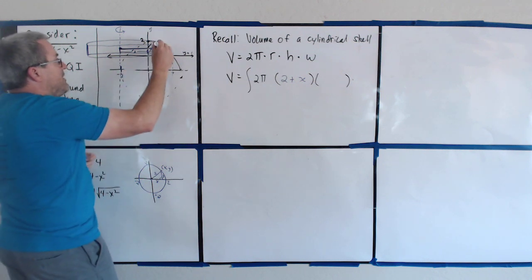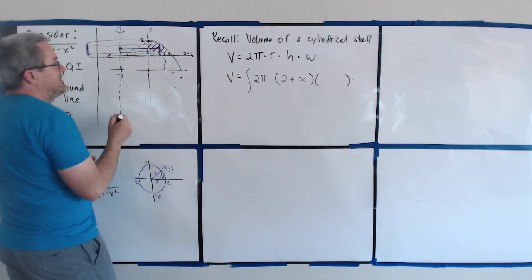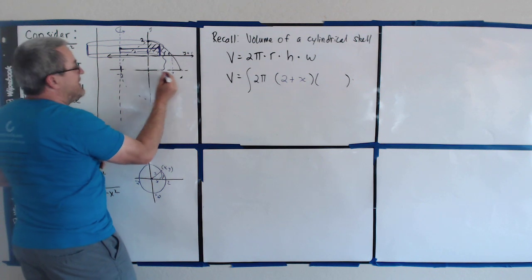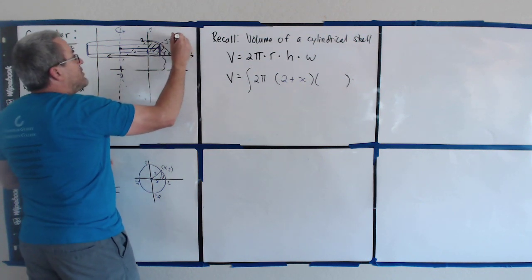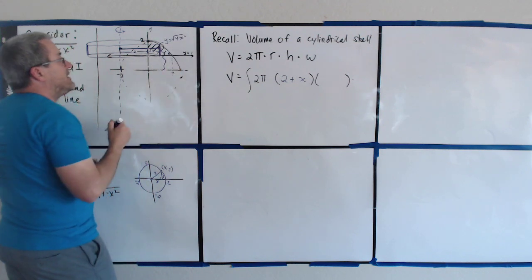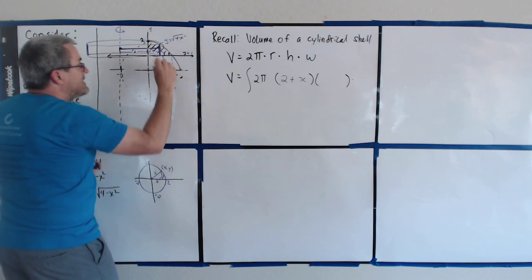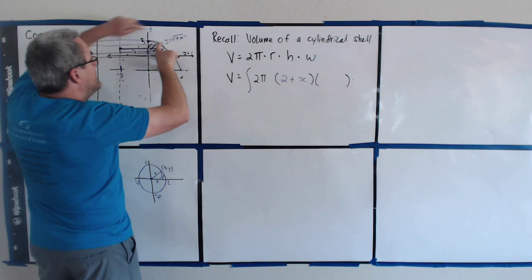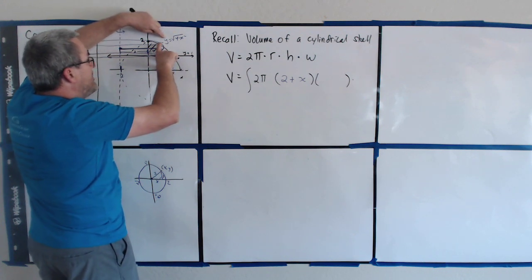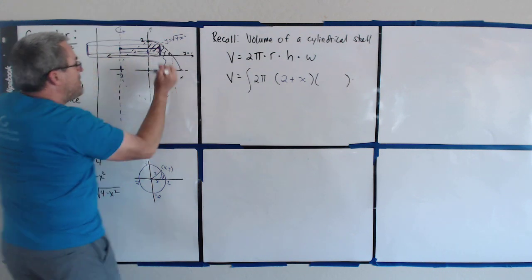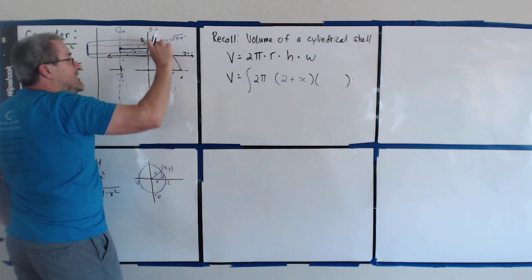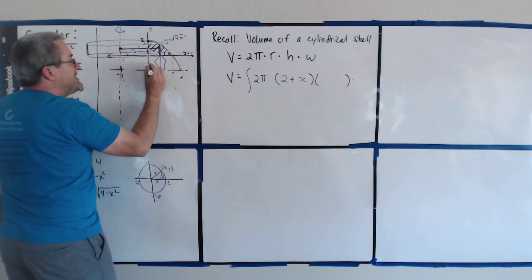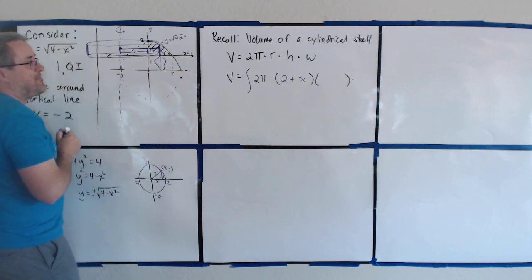Well, this entire distance would be, depending on x, the output would be the square root of 4 minus x squared to get that corresponding y value. But we don't want all of that, we just want this. So notice, we're going to have to take away that height of 1.